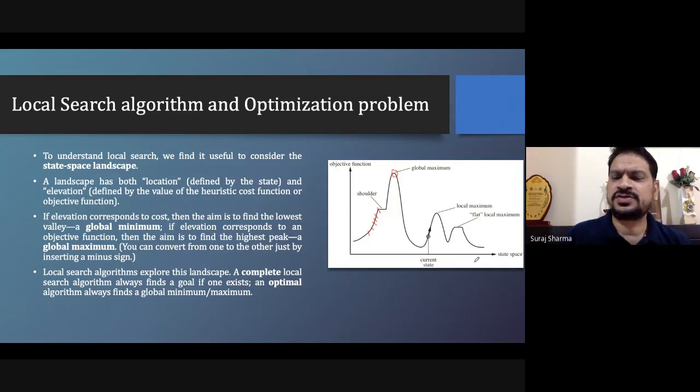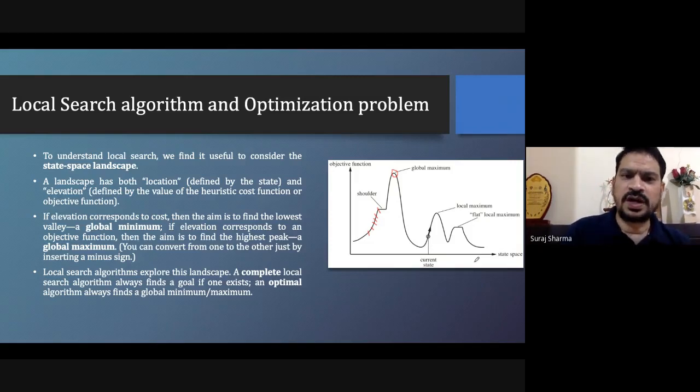But local search does not store them. State space is not a worry for a local search algorithm, because we don't have to store all the nodes in the huge state space. Instead, we choose one, and that one will be my next, and then again one. In that way, I go.